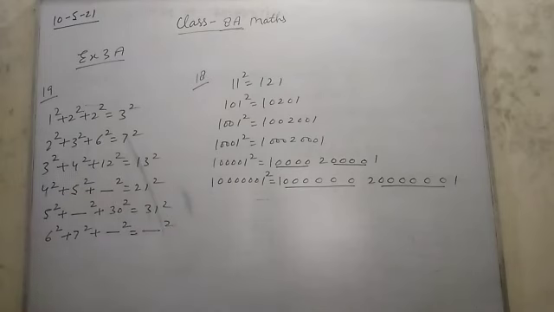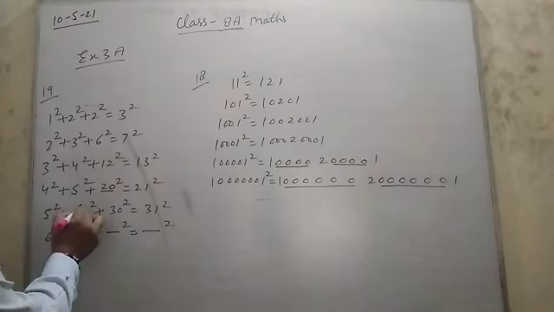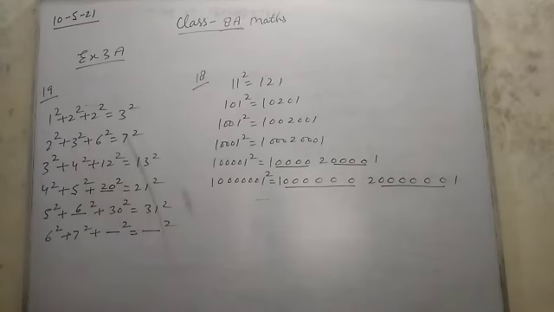So it is also very simple. You see here: 1 into 2, 2 into 3 is 6, 3 into 4 is 12, 4 into 5 is 20. And here 5 and here 30. So 30 divided by 5, what will be? 6. Means 5 multiplied by 6 gets 30.